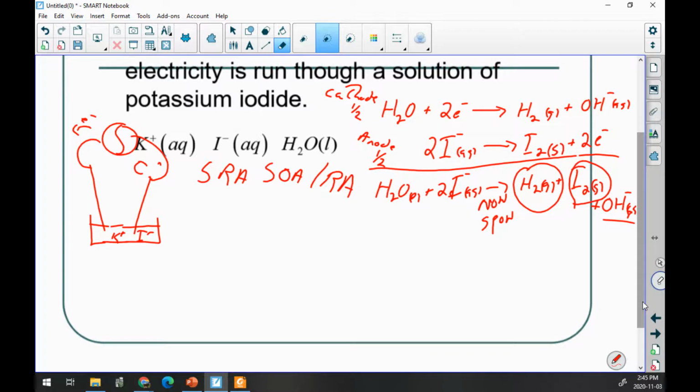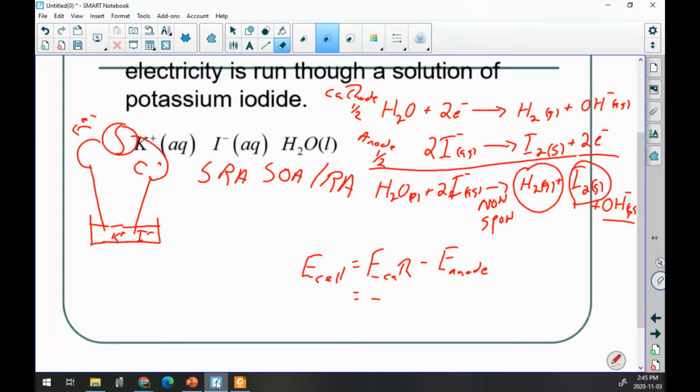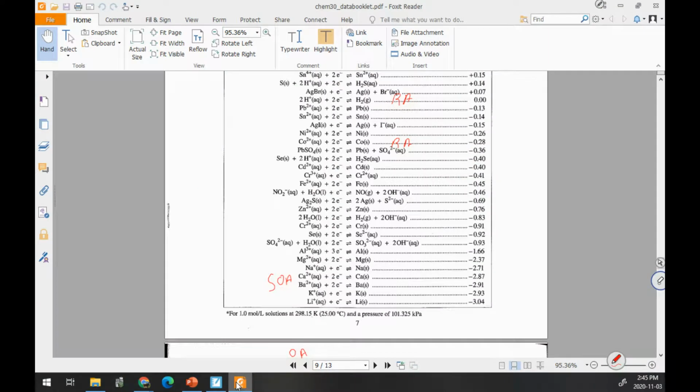Now, the other way that we can tell that this is a non-spontaneous reaction, still we're going to do the cathode minus the anode. Negative 0.83 and my iodine is up there somewhere.